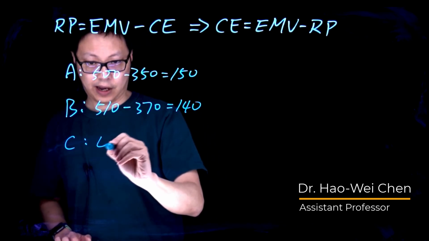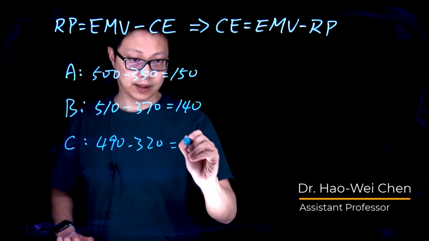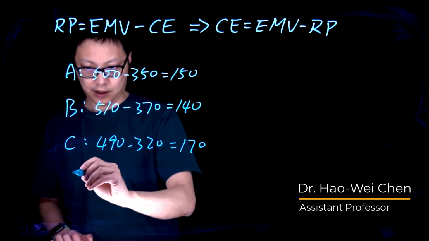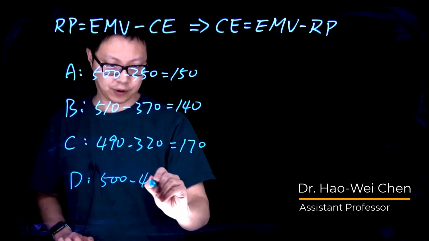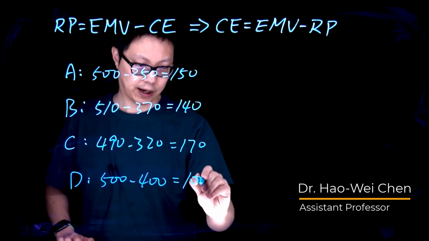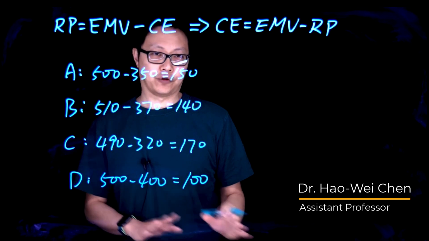For C, I have 490 minus 320, that's 170. And for D, I have 500 minus 400, I have 100. So the certainty equivalent is the value of each option.